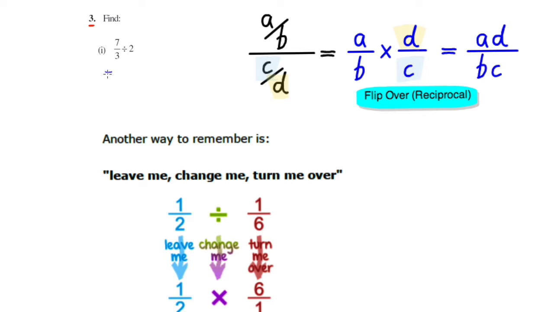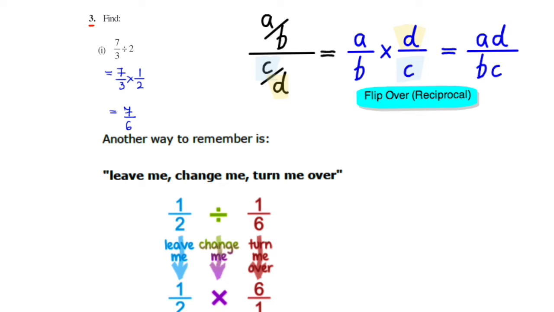So how will we write this? We will write it as 7 over 3, which is our numerator, divided by 2. So we will put the multiplication sign and flip it over. So we'll get 1 over 2. Clear?